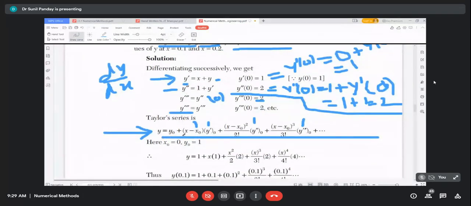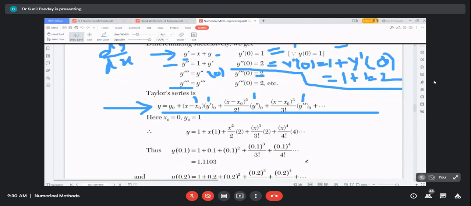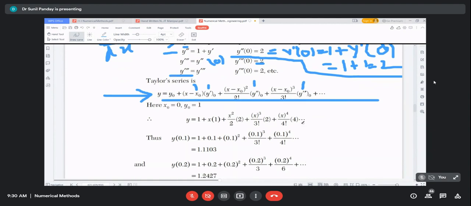So y naught plus (x minus x naught) y dash naught plus (x minus x naught) square upon 2 factorial y double dash naught. Here we substitute all these values of y dash naught, y double dash naught, y naught, and we will have this. We know that we are not going to calculate all the infinite terms, so somewhere we have to truncate.